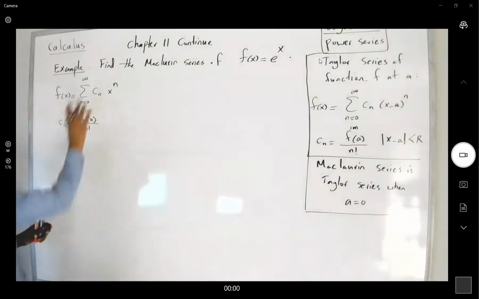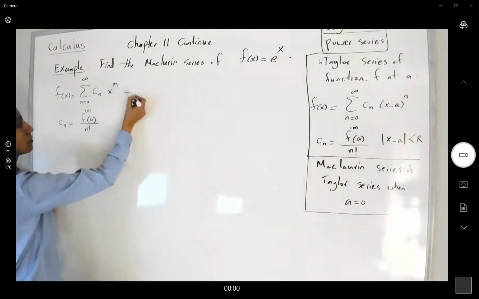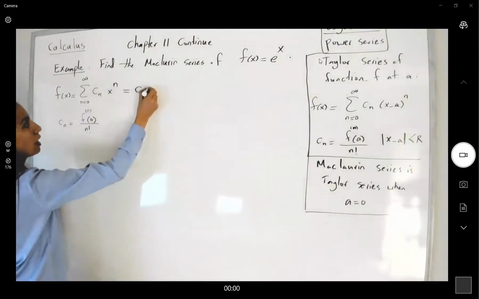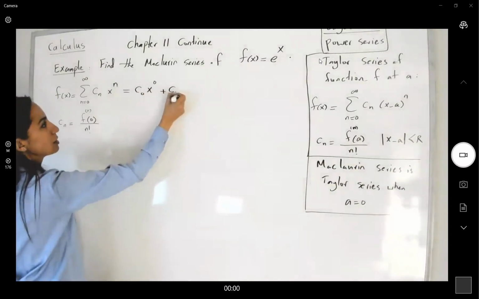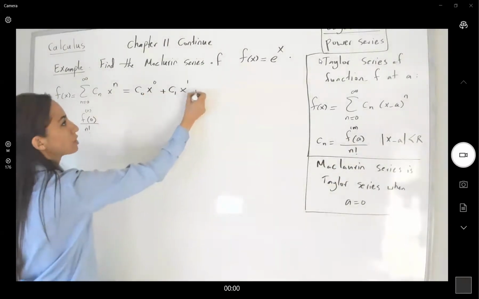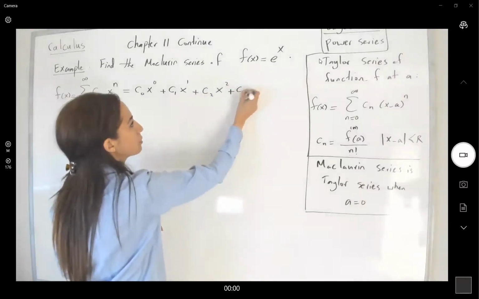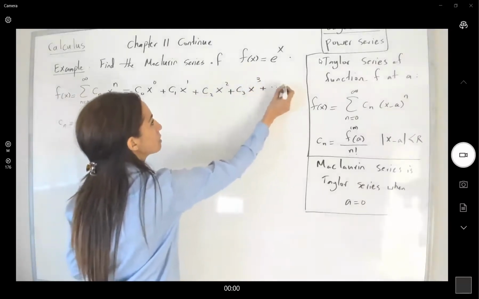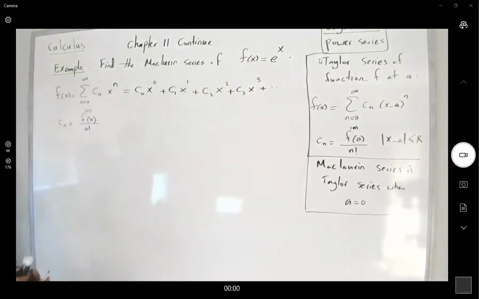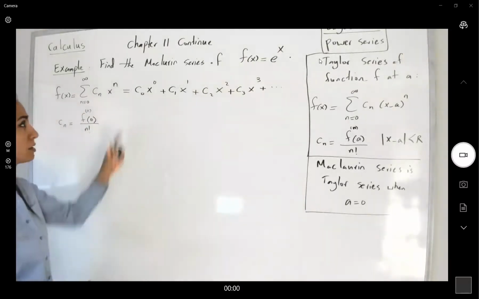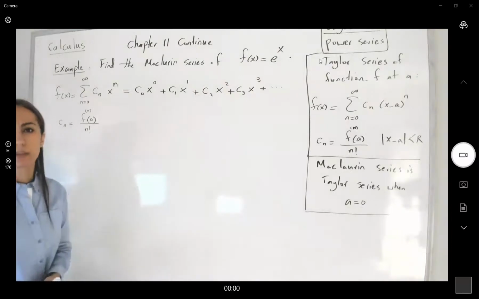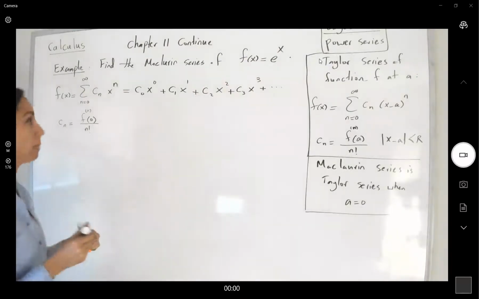Okay, this is equal to c sub 0 x to the 0 plus c sub 1 x to the first plus c sub 2 x squared plus c sub 3 x cubed plus the rest of the terms. Okay, what is c sub 0? What is c sub 1? What is c sub 2? These are all numbers, remember that.